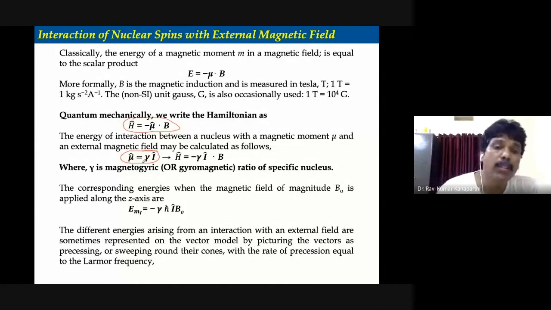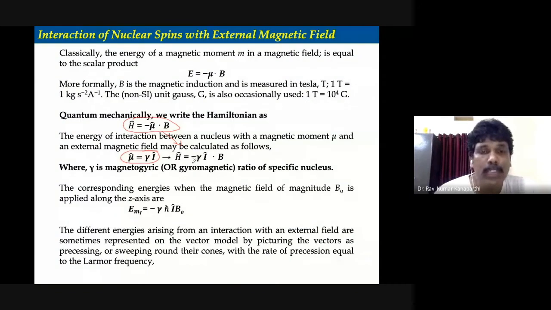Now mu is equal to gamma I. So in this Hamiltonian expression, you can replace mu with gamma I, and then the Hamiltonian is equal to minus gamma operator I multiplied by B. What is this negative sign?